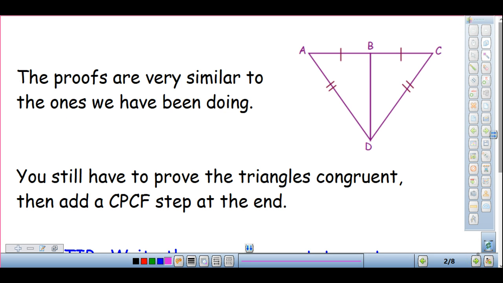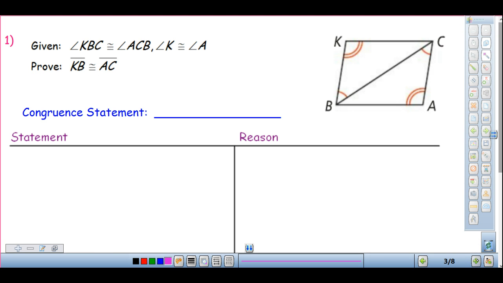to be congruent. Okay, so if we look at this proof, the first thing that we have to do in this proof is prove that the triangles are congruent. So we know that the first thing that we always do is going to be to use our givens.